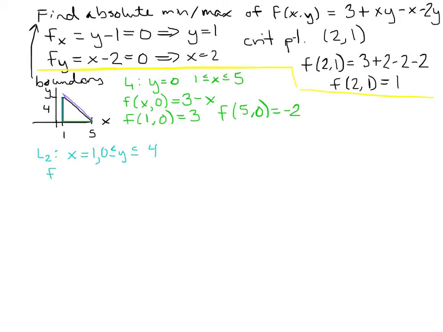So the value of the function at 1 and at any value of y is going to be 3 plus, I'm going to keep that 3 in mind because I know I'm going to subtract a 1 from it in just a minute. So actually maybe let's just do that. So we get 3 minus 1 is a 2. And then we've got a plus y.